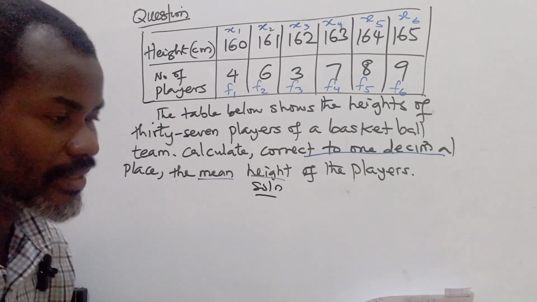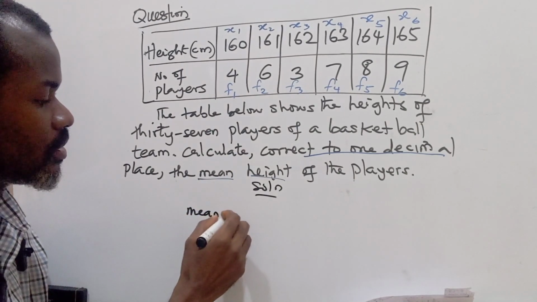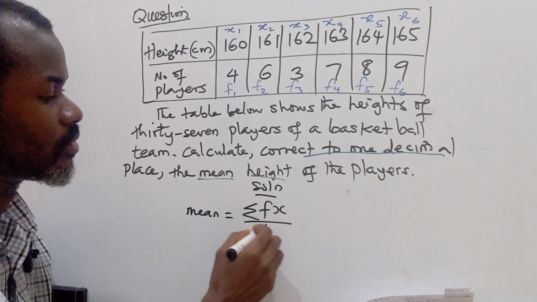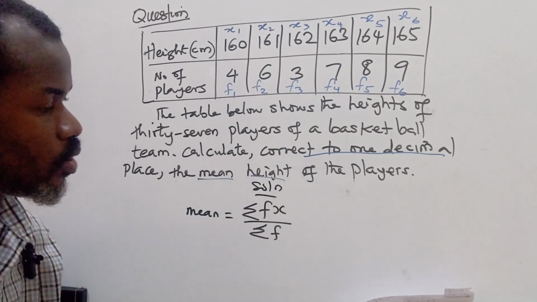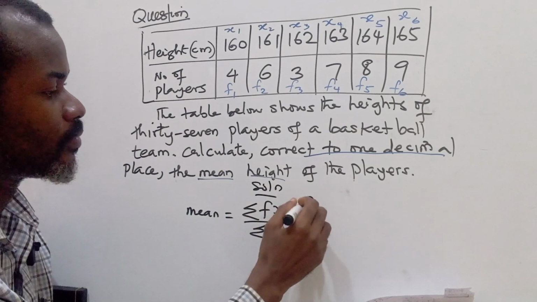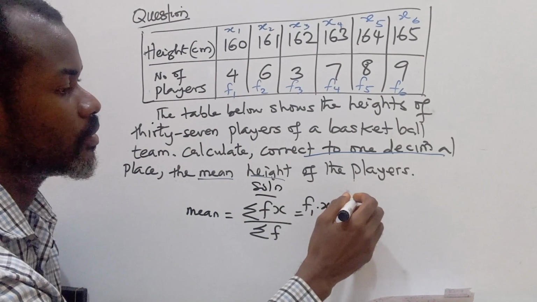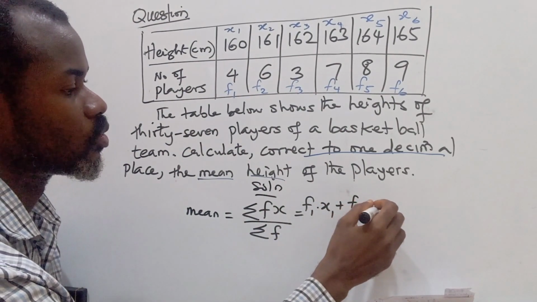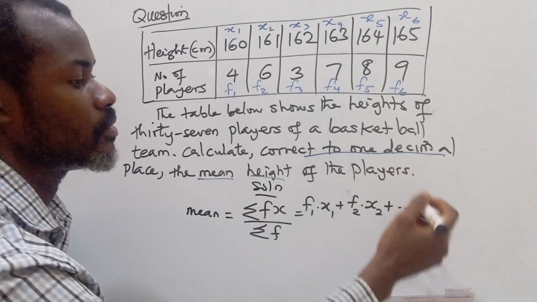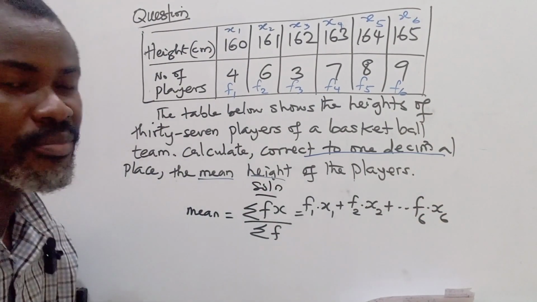So the idea is this. From our formula, we have the mean is equal to the summation of f times x, divided by the summation of f. What does this imply? It means we want to multiply F1 times X1, plus F2 times X2, plus, going up to F6 times X6.